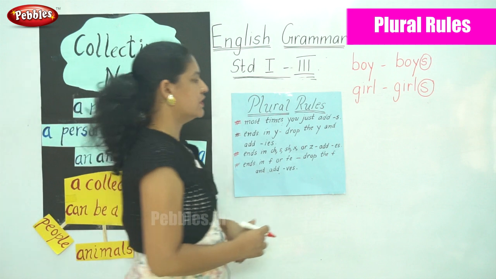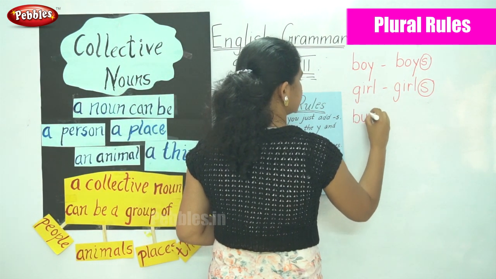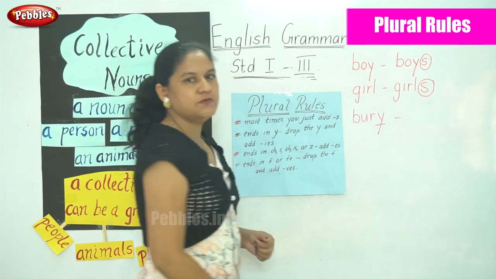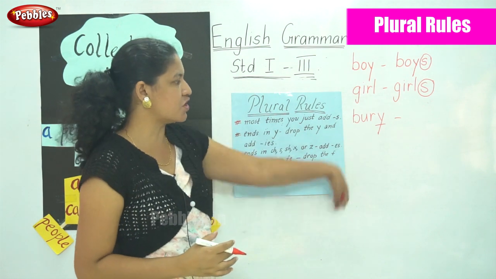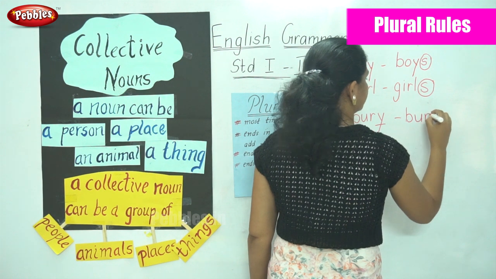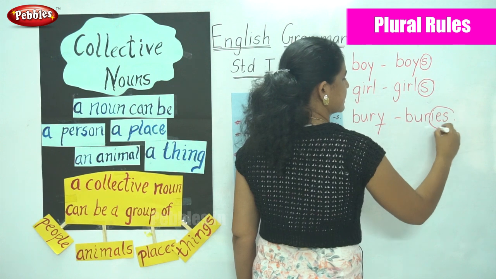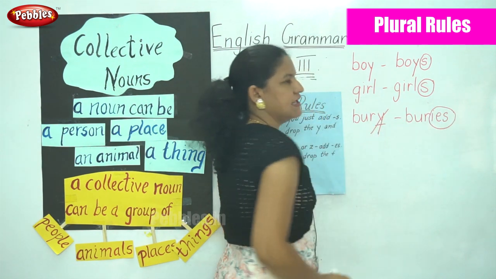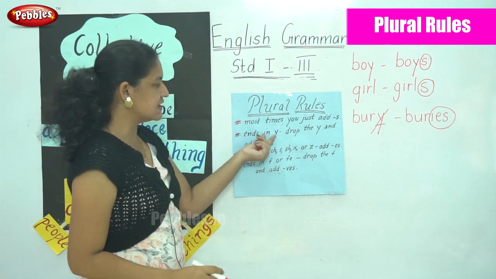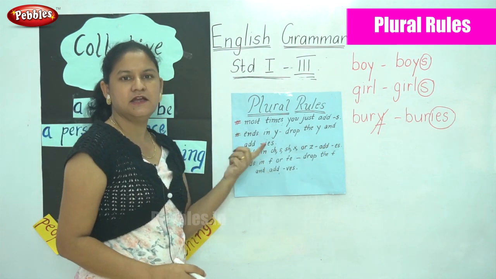We have the word berry, which ends in y. When we make it plural, we drop the y and write berries. So we add ies. When a word ends in y, drop the y and add ies.